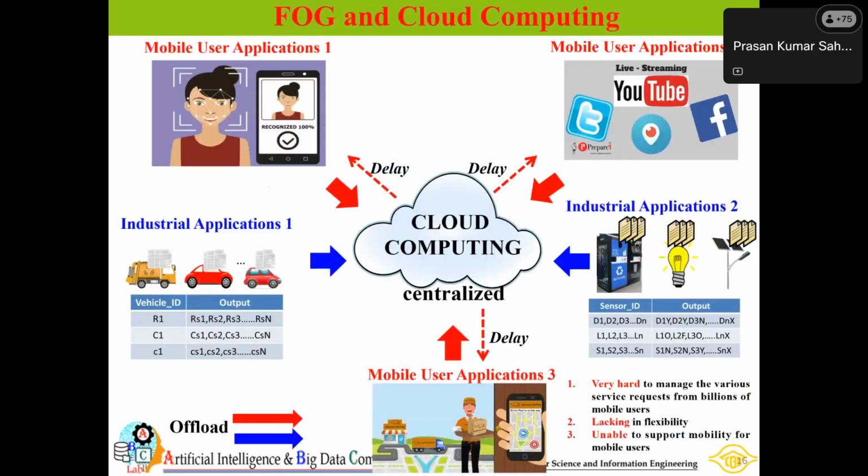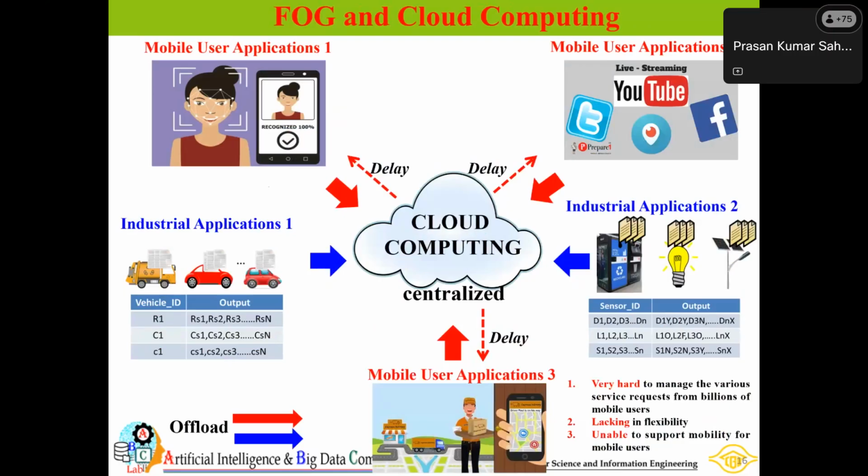So if we say it's fog and cloud computing, we can have several mobile users, and we can consider them. Each mobile user may also have multiple IoT devices, not necessarily a single IoT device.